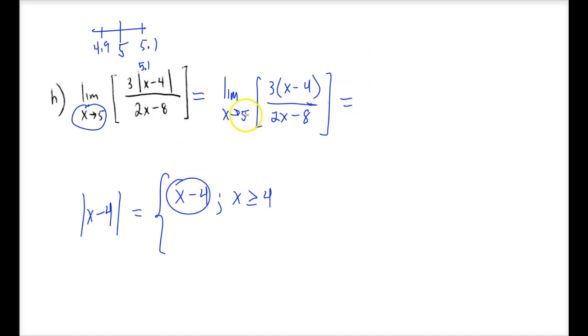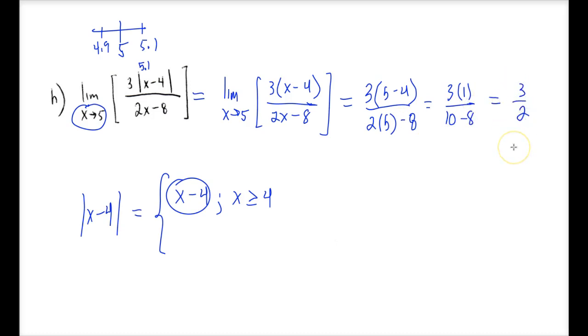And so now from here, if I take 5 and I try to plug it into the x in the denominator, I know that I'm not going to get 0. So I know that 5 is in the domain of it. So literally, by direct substitution property, I can just plug in this x value here. And this would just be 3 times 1 over 10 minus 8. And we end up getting 3 over 2 as an answer there.